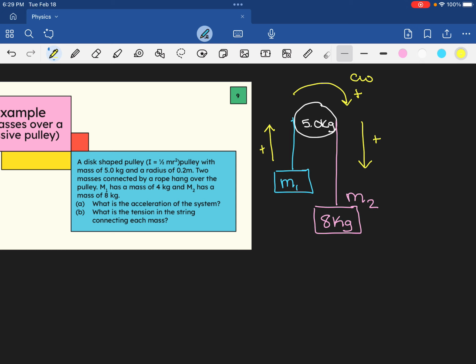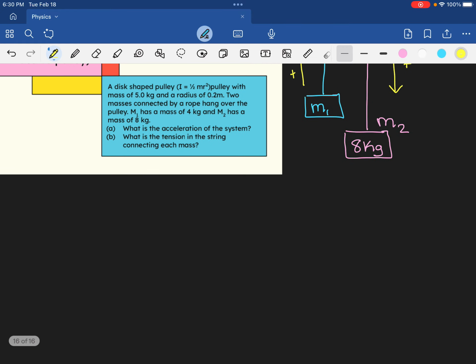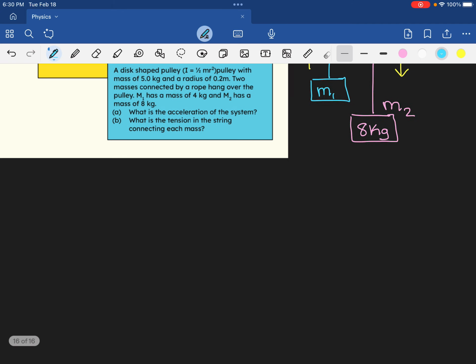So we keep that system of which way is positive and negative into consideration. Now we're going to draw free body diagrams for each of our masses and create Newton's second law equations. If I pay attention to mass 1, I know that up is positive, which means that the tension in the string is going to be larger than the force due to gravity on that mass.